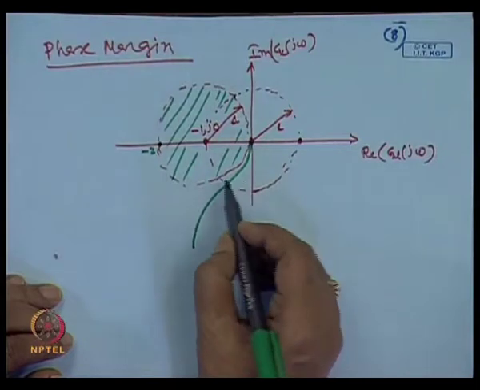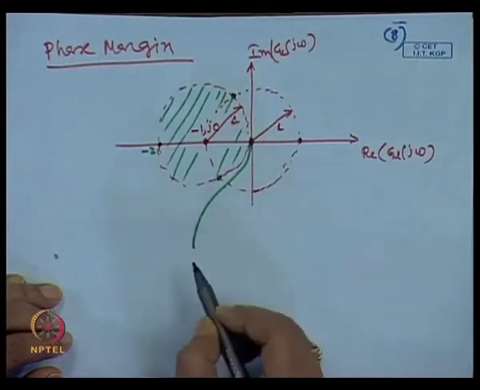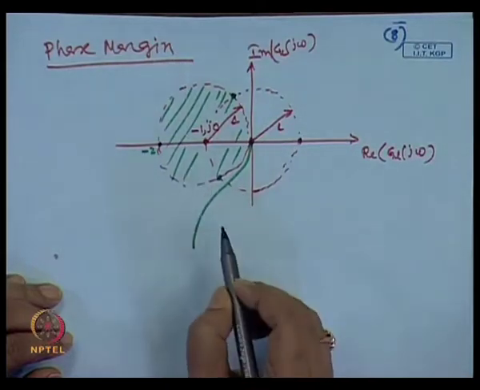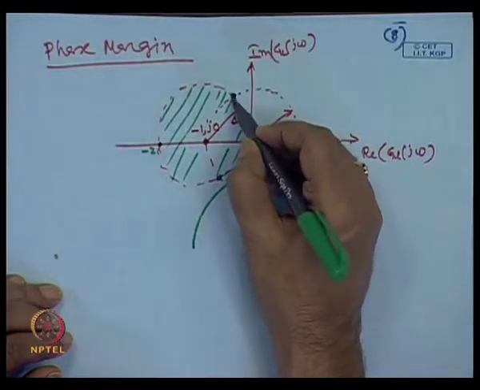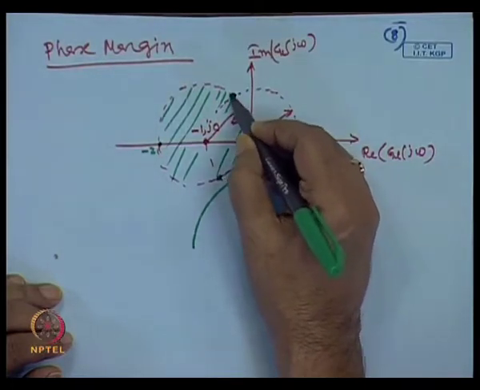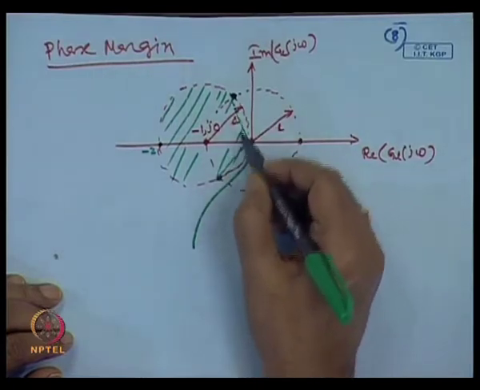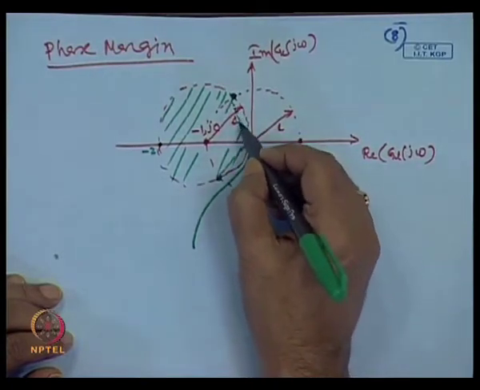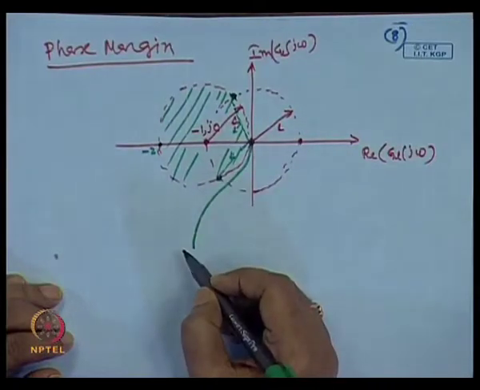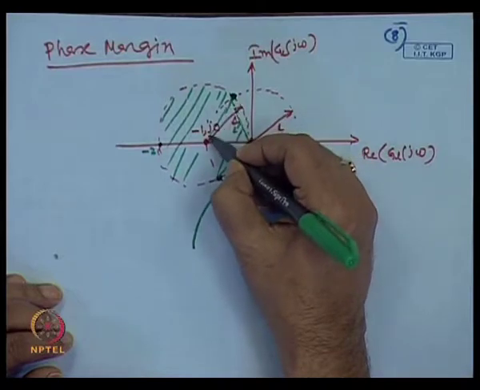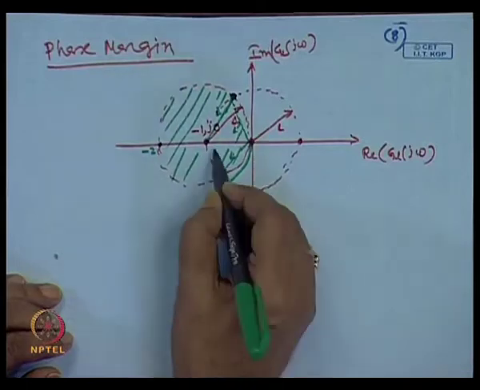Agree? It may touch here, but it will never enter this region. So, if we add this point and this point, you see this radius is 1, this radius is also 1, and if you draw a line from here to this, this is also 1.